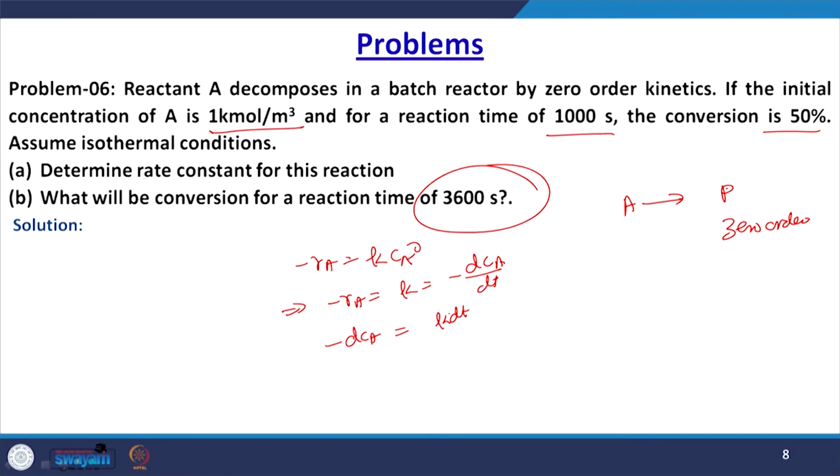If we integrate both sides from time t equal to 0 to t, then it becomes minus integral of dCA from Ca naught to Ca, equal to K integral of dt from 0 to t.